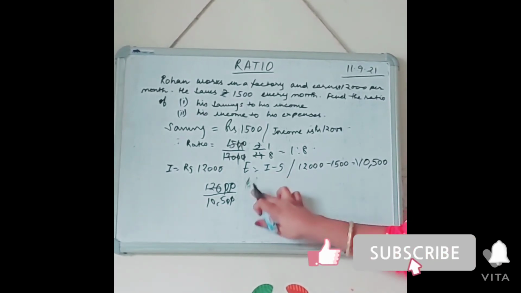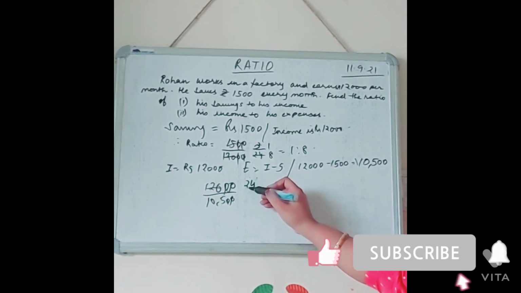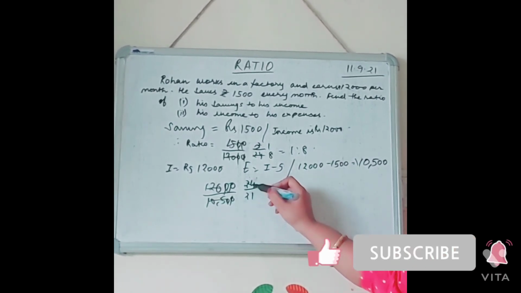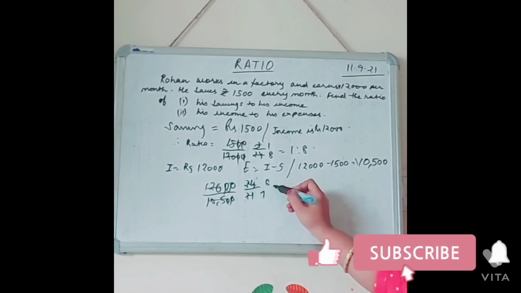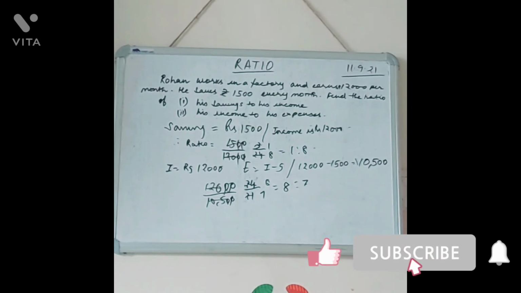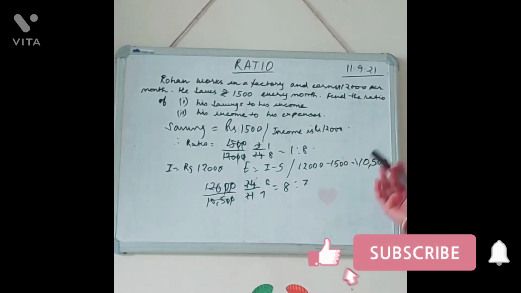And 21, 3 8s are 24, 3 7s are 21. So that is 8 is to 7. So his income to his expense, the ratio is 8 is to 7, and the saving to his income is 1 is to 8. And in this way, we find the ratio of these kinds of sums.